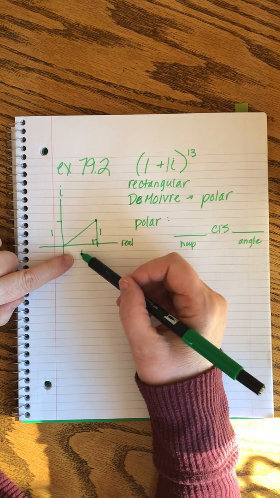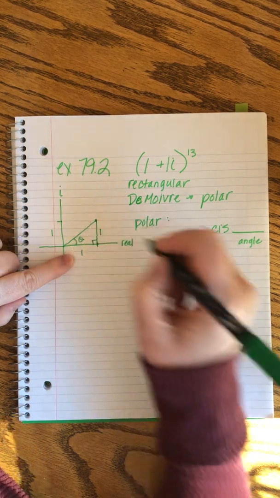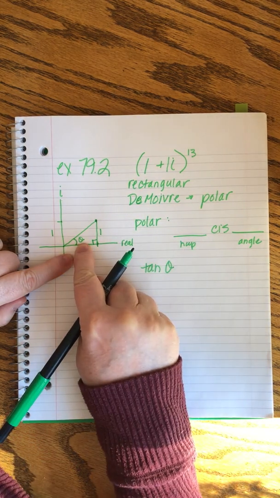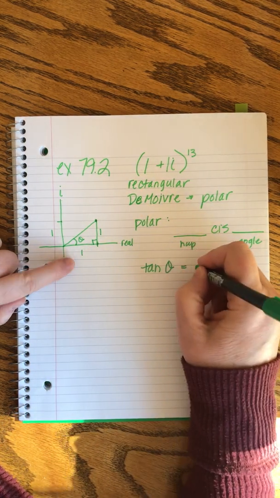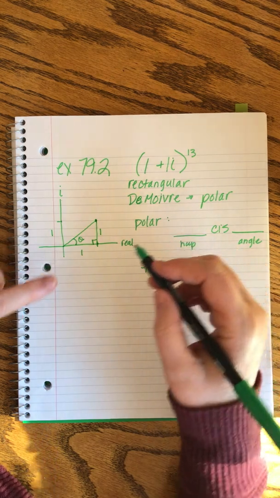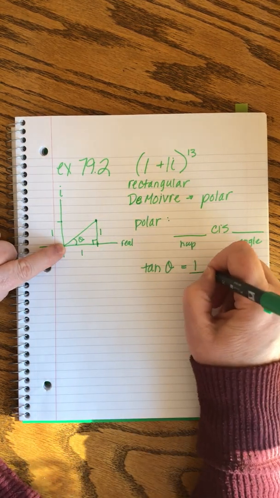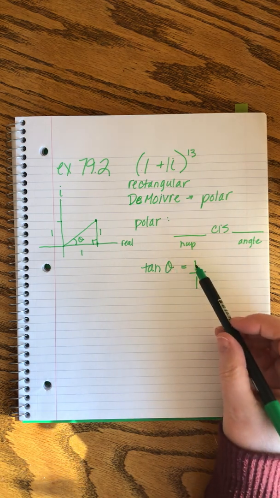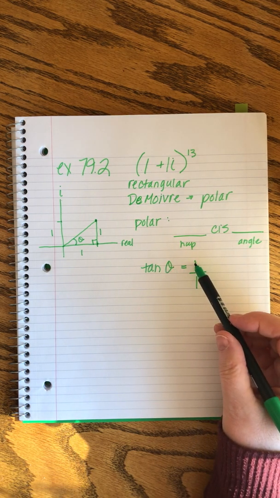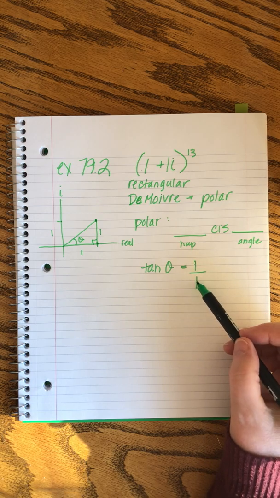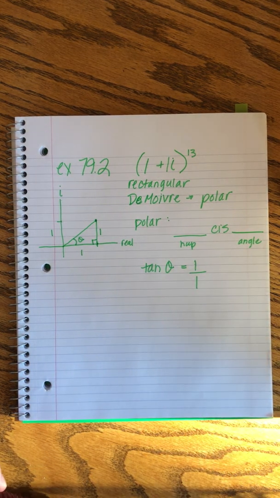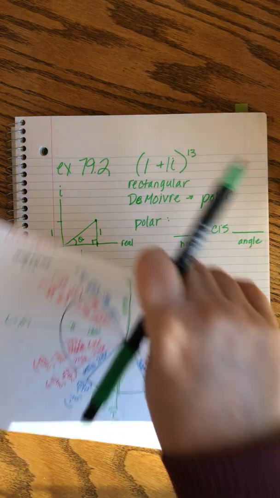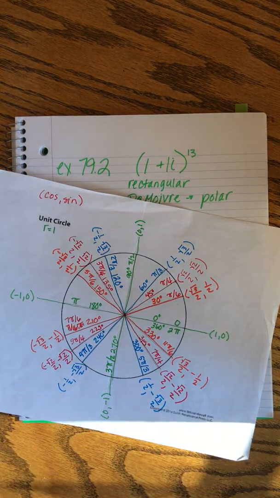We know that we've got these two sides, so we can use these two sides and tangent to find this angle. Okay, so what we're looking for is an angle where the sine is equal to the cosine. And I don't know about you, but I've got one in mind. Let me grab my old friend, the unit circle.